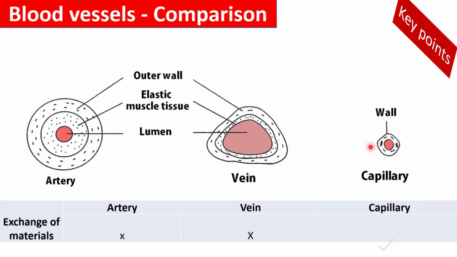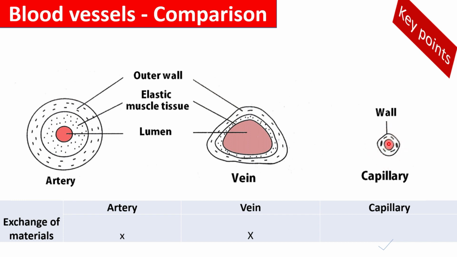The next one is exchange of materials. As far as arteries and veins are concerned, no exchange will take place between arteries and the nearby cells. But here in the capillaries, exchange of materials will take place between the walls of the capillaries and the nearby cells and the tissues.